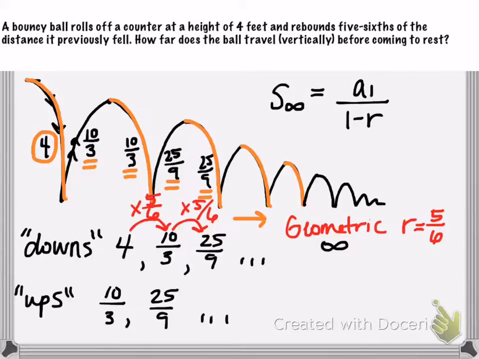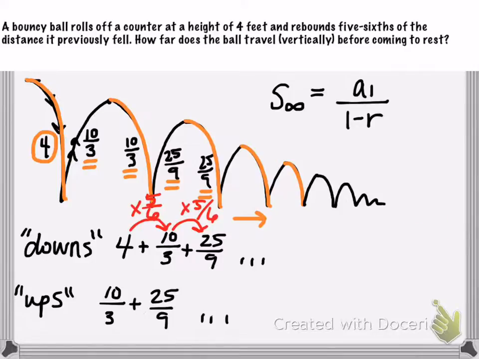So let's go ahead and do that for each of my sequences here. Essentially, though, we're not looking at the individual terms. We want to actually add these terms together. So really, it's a geometric series like so. All right, so let's take a look at the downs first. So the first term in this series is 4.